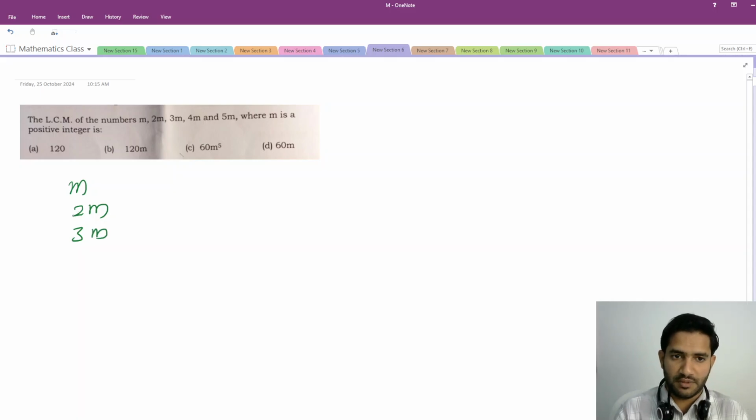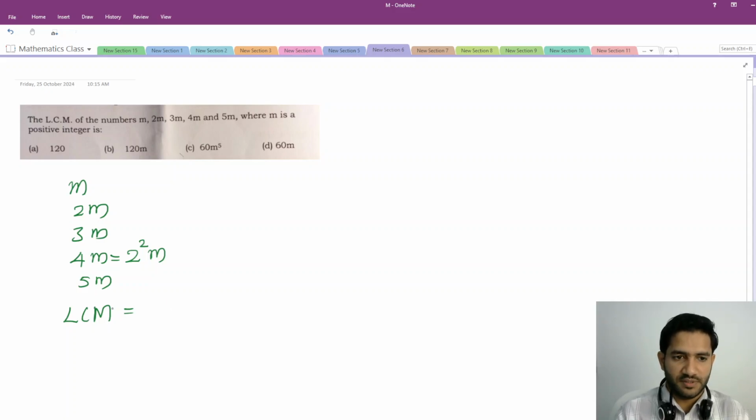Here 2 and 3 are prime numbers. 4m, but 4 is not a prime number, but we can express 4 as 2 square into m, and 5m. So LCM means least common multiple.